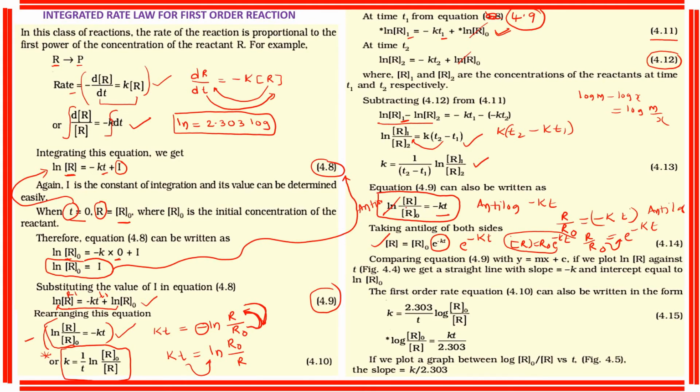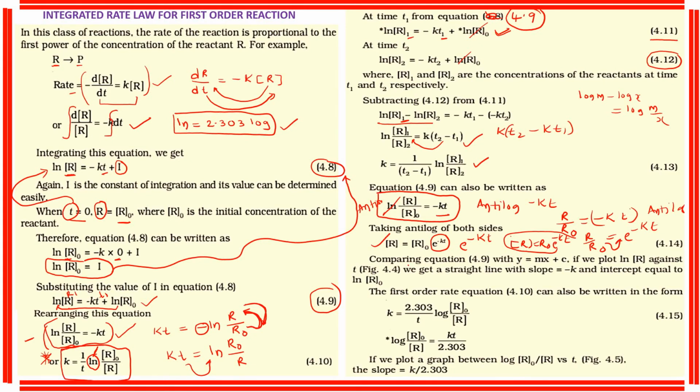Next, we'll take this expression again, this one. We'll take a star mark, an important expression. Now this expression is in the natural log. I told you, natural log is equal to 2.303 into log. So wherever ln is there, I am substituting log here.